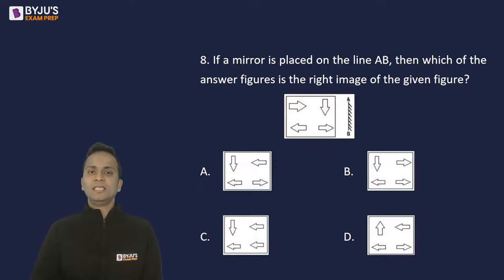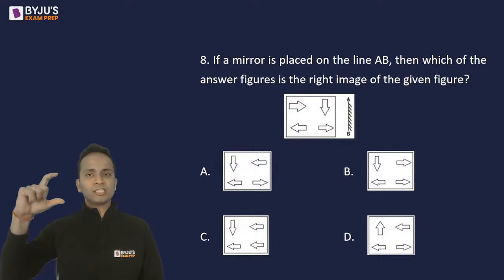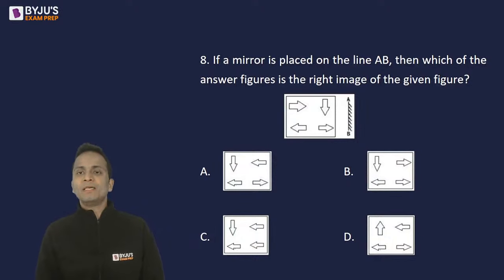All right. Now, if a mirror is placed in front of this figure, like it has been placed, then which of the following answer figures is to the right?